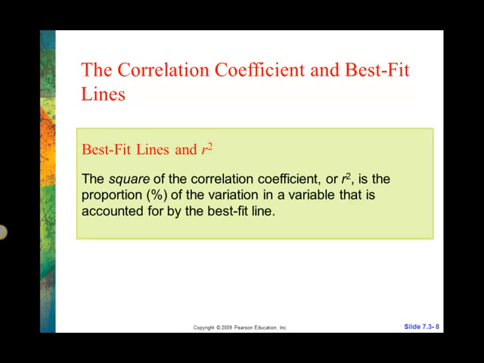So, correlation coefficient. Now, we take our correlation coefficient, which was r, and we square it to get r squared. This value tells us the proportion of the variation in the dependent variable based upon the independent variable. So basically, what percentage of y is explained by x?